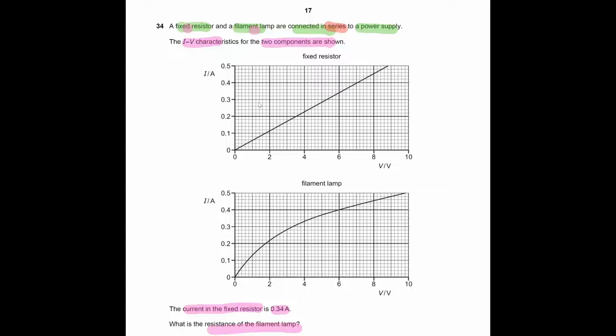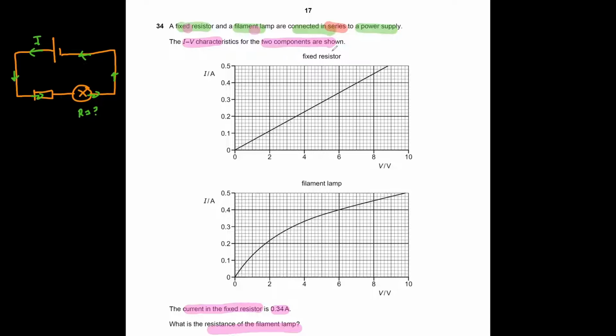So you try to draw the circuit, it actually looks something like this right now. You have a fixed resistor and you have a filament lamp like this. And there's going to be current that flows through them, like this. This is current I. The question wants you to find out the resistance of this filament lamp based on the graph that has been given to you.